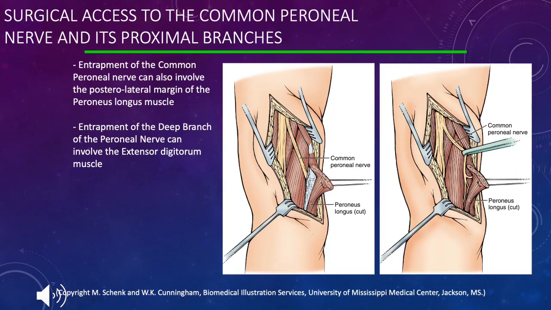Also, in the event of trauma, this is the approach to take where you need to do a repair. This is the approach to take to get better distal exposure.